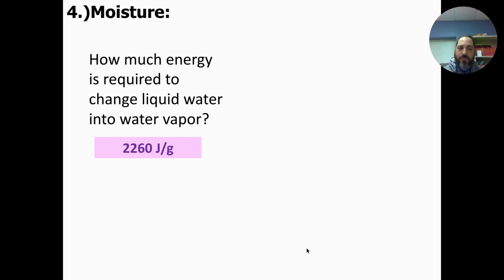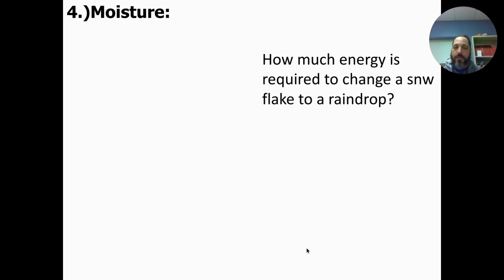So every joule is a measure of energy, and for every gram, we need 2,260 of them to change 1 gram of water from liquid to water vapor. All right, how much energy is required to change snowflake to a raindrop? That's 334, so it's less. All of these figures are in your reference table on the very first page.